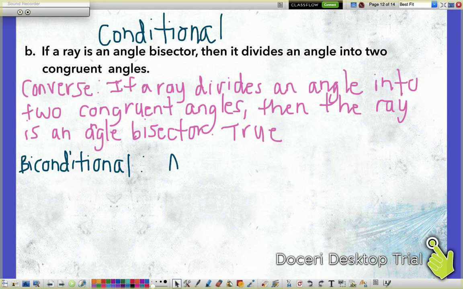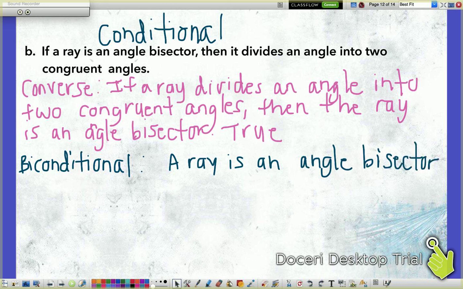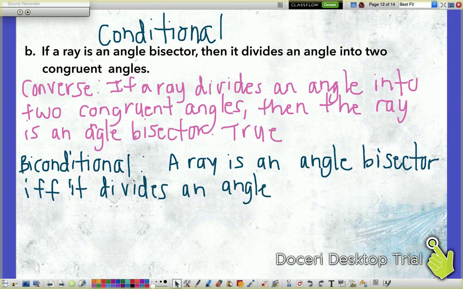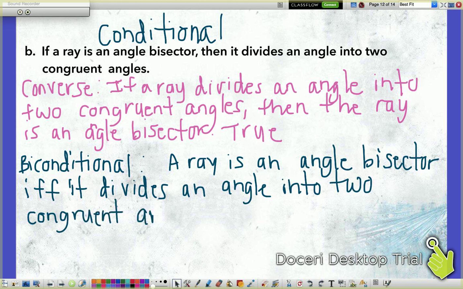Biconditional: a ray is an angle bisector if and only if, I'm going to abbreviate it, it divides an angle into two congruent angles. Okay, so we know that's true because our converse was true.